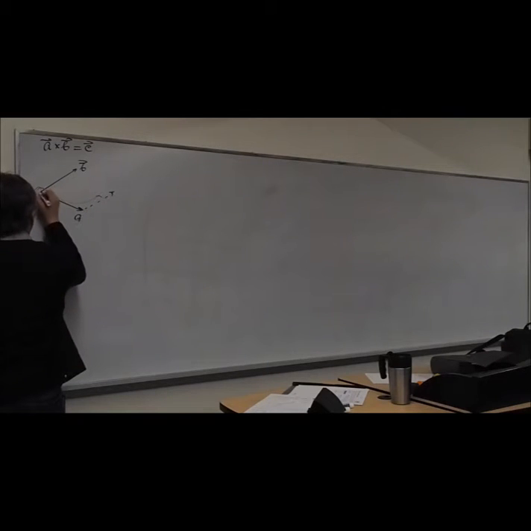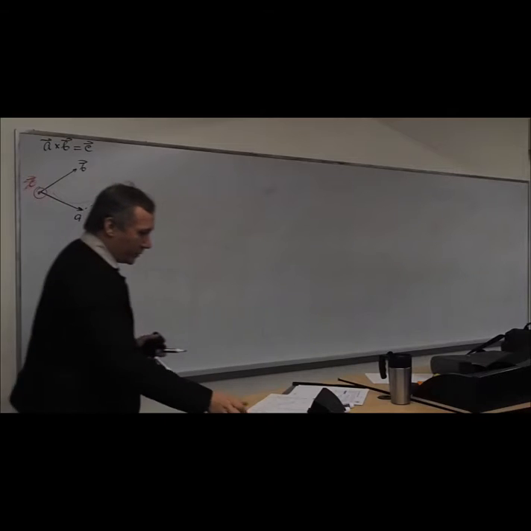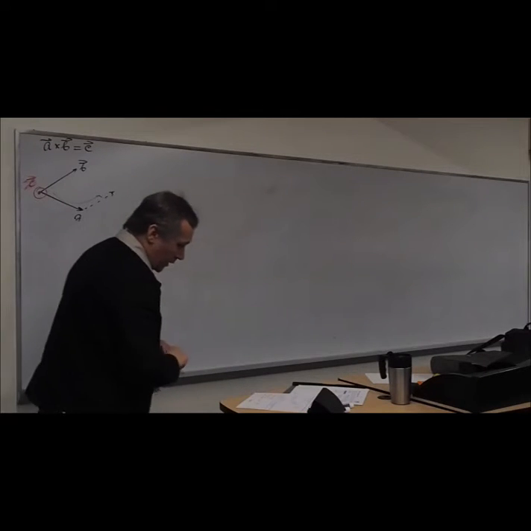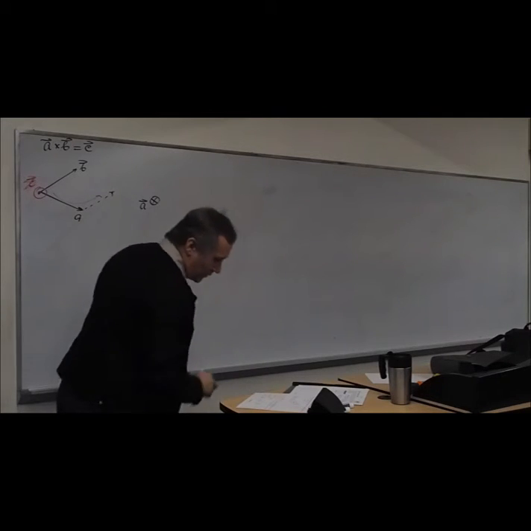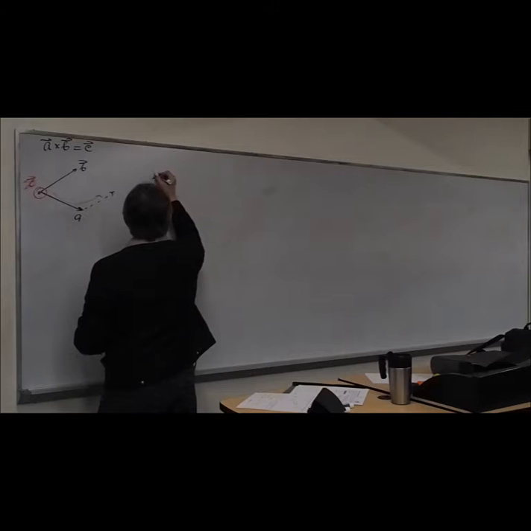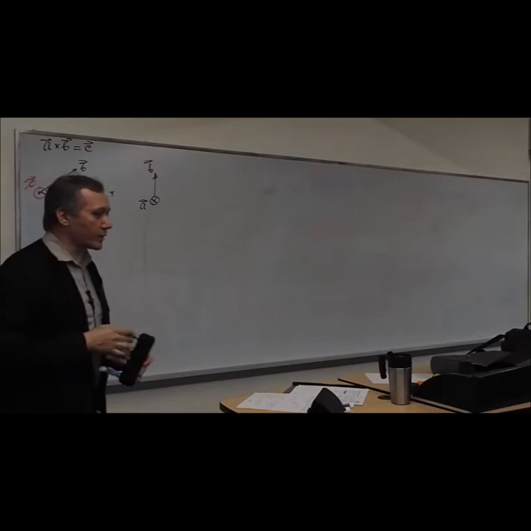Out is a dot. Wait, it's not C, it's the direction of C. Now let me turn the system in all possible directions. So let's say A is in, then B is up. What will be the direction of the cross product?